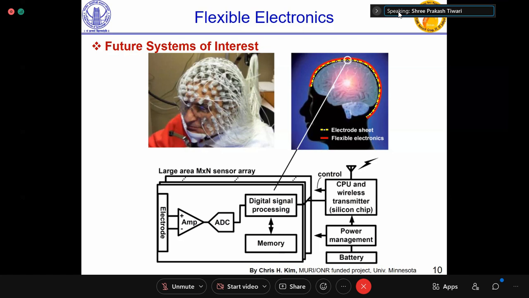And then you can have a module where all this data can be stored, and that is transferred directly through some wireless module rather than these wires directly going somewhere. Now that can be a very smart way of doing these things, and that can only be possible when you make these things through flexible electronics. So this is something which can be called a future system of interest.